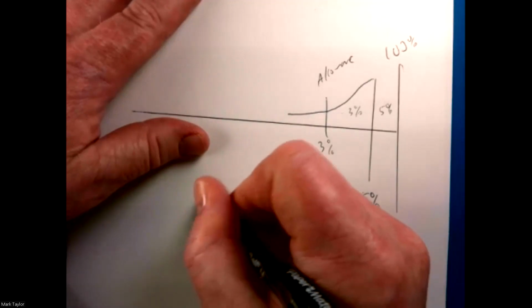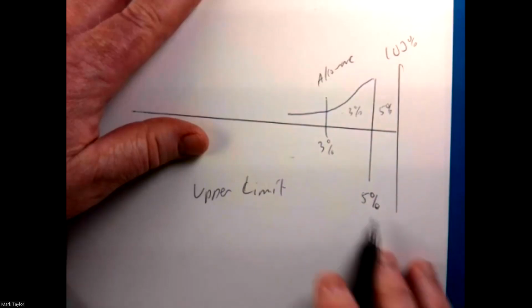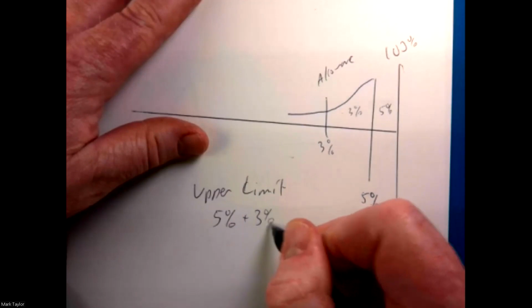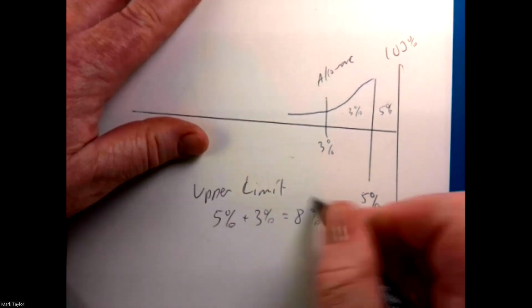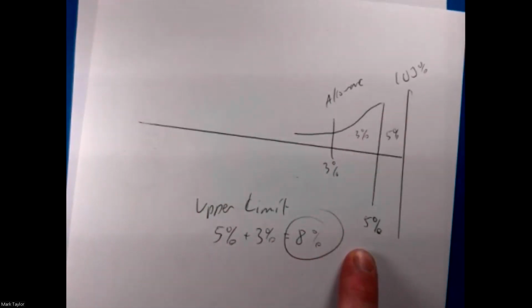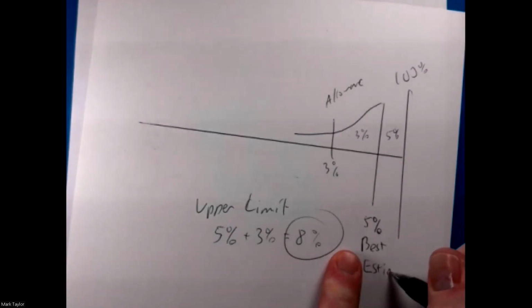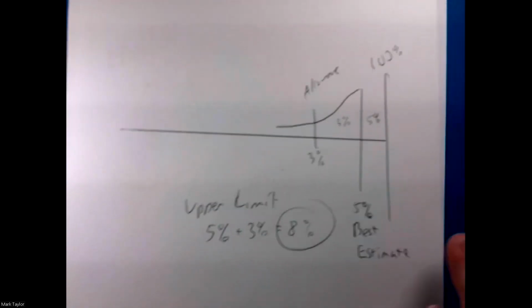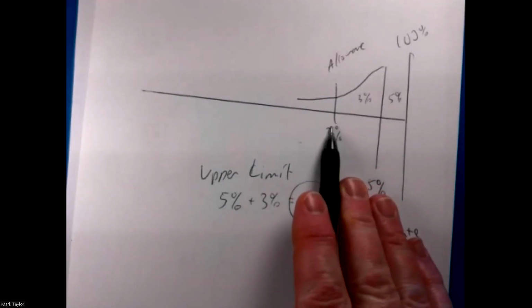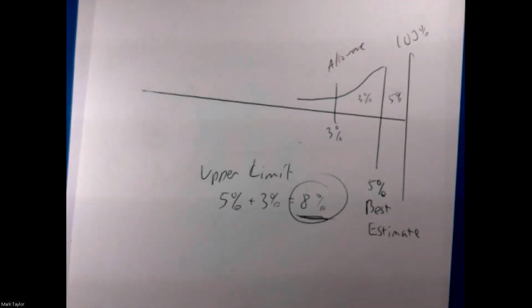So in this case, the upper limit would be 8%. So here's our best estimate. But again, this is a sample, so it could be worse. And it could go down to 3%. And so this would be our upper limit. It'd be 8%.